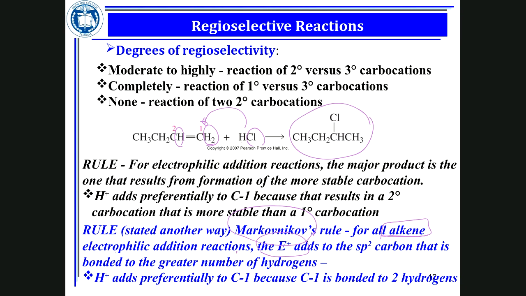When the electrophile comes in and adds to an sp2 hybrid carbon, that means a carbon-carbon double bond, because H plus is not going to attack a carbon that is sp3. It's going to go to one of these 2 carbons. The carbon bonded to the greater number of hydrogens will gain the H plus, and the other carbon will gain the nucleophile. And that is the Markovnikov rule.